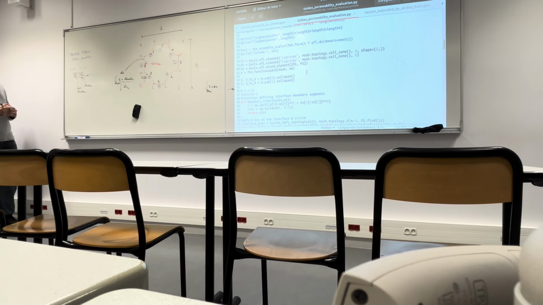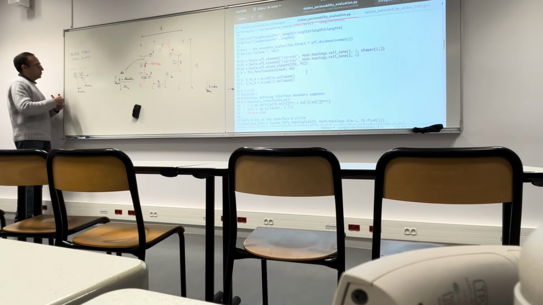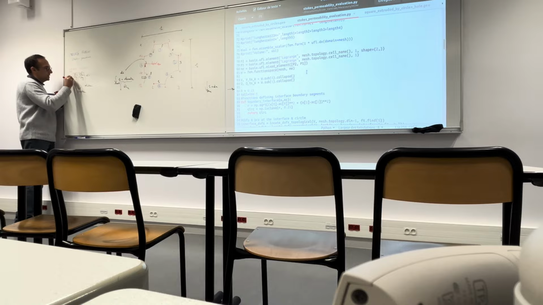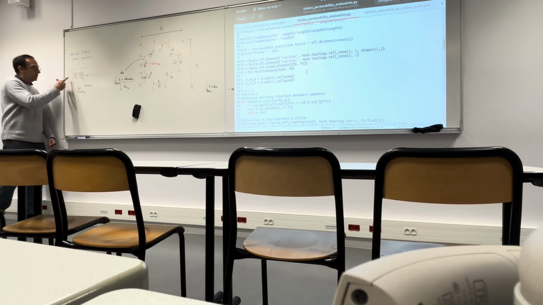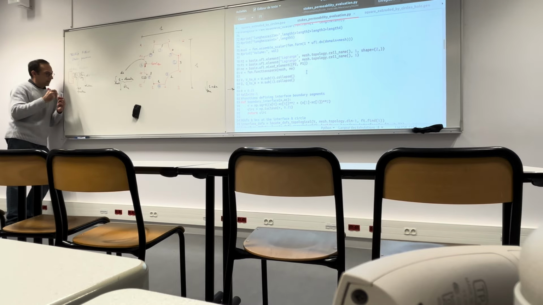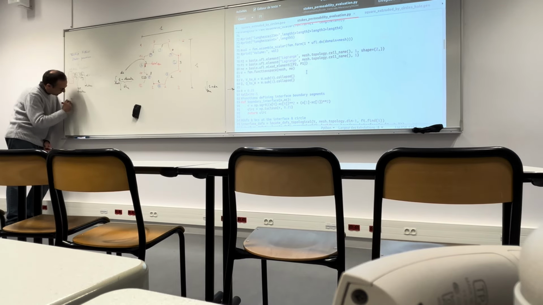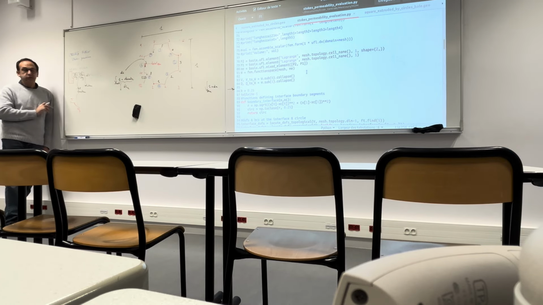But in finite elements, what do you do? You introduce a discretization of your domain. So instead of working with this integral, you work with a summation over a certain number of elements of integral over dE. So you split the domain into subdomains, and this is the first part of the story.